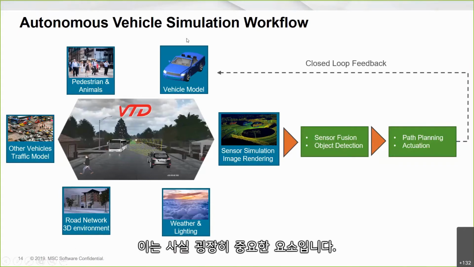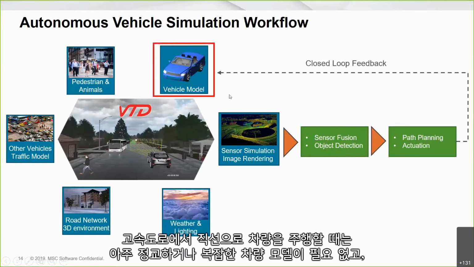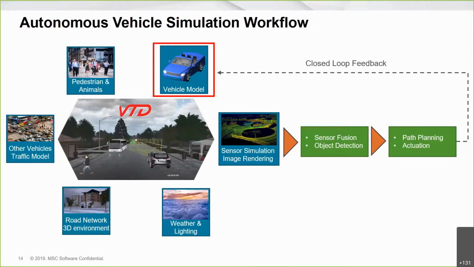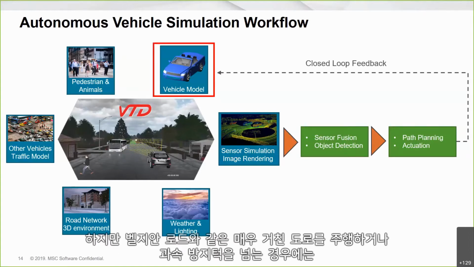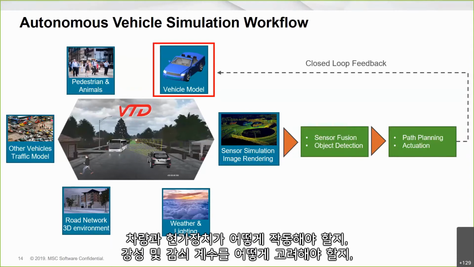That's actually a very important element, because when you are driving the vehicle in a straight line on the highway, you probably don't need a very sophisticated or complicated vehicle model. And we have embedded vehicle models inside VTD that can handle those very well. But if you're driving a vehicle, for example, on a Belgian road, on a rough road, or over a speed bump, then those are going to change the way the vehicle behaves.